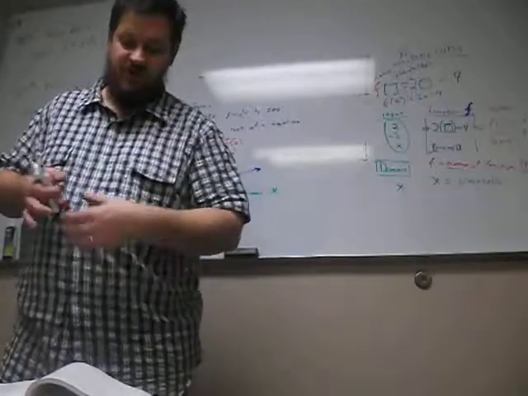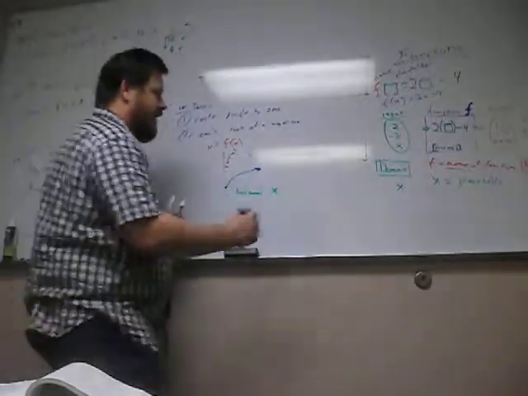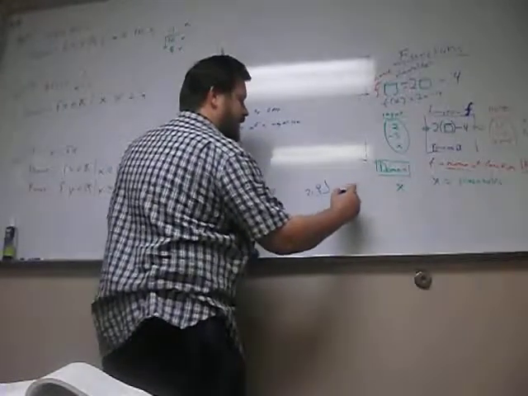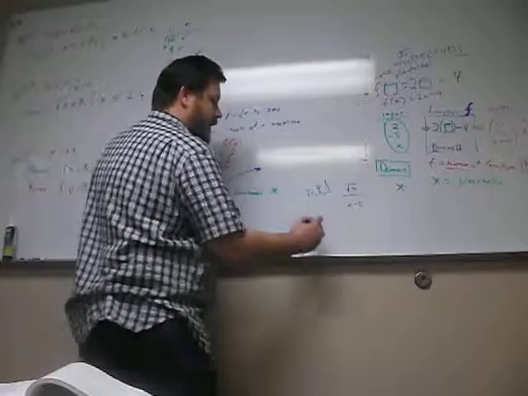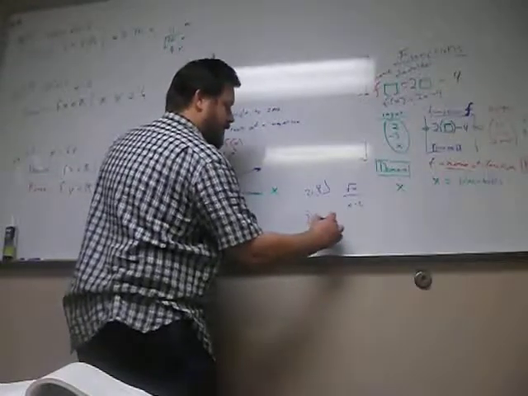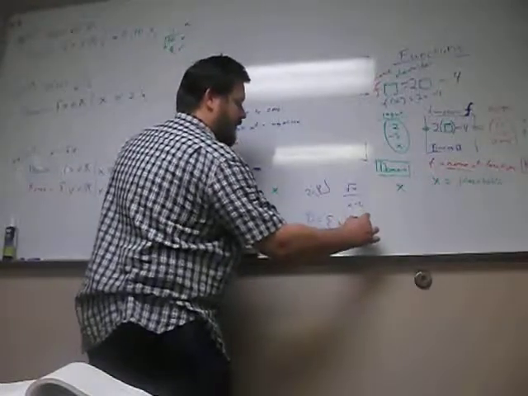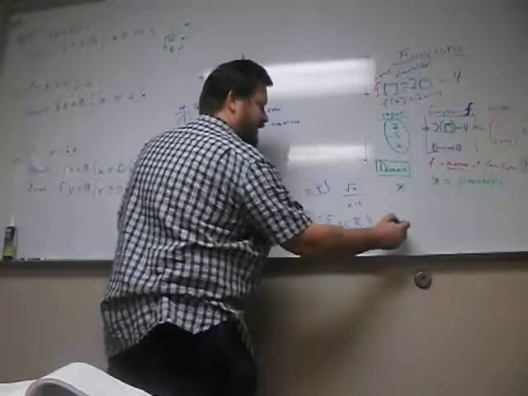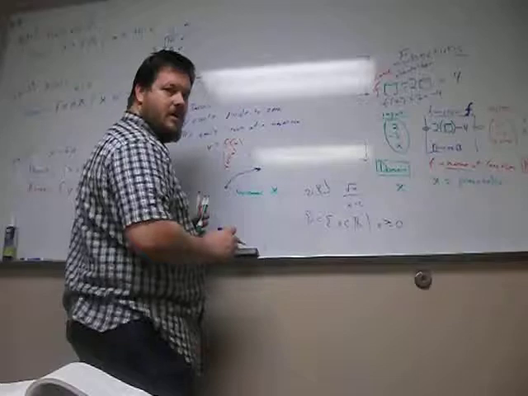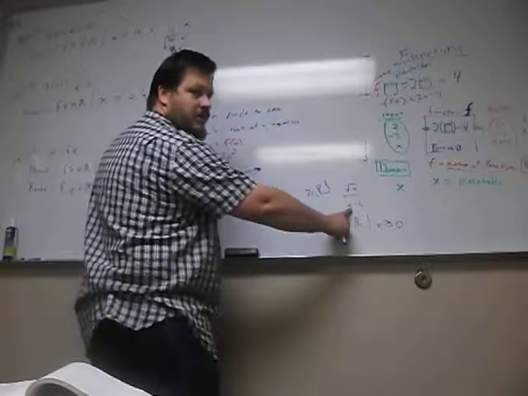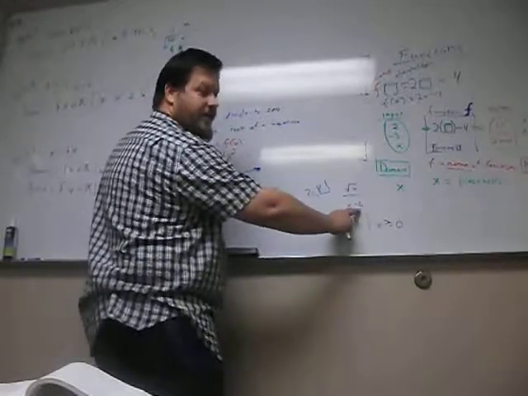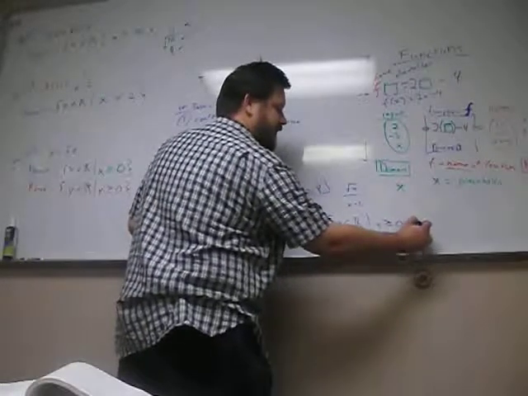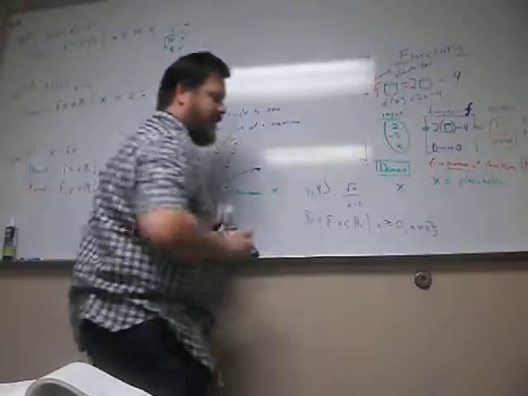So for 21.8, the square root of x over x minus 2, my domain is: x is a real number, and because of the square root part, x has to be greater than or equal to 0. But 2 is also not allowed because that would cause division by 0. So I also have to specify that x cannot equal 2. And then I can close off my curly braces.